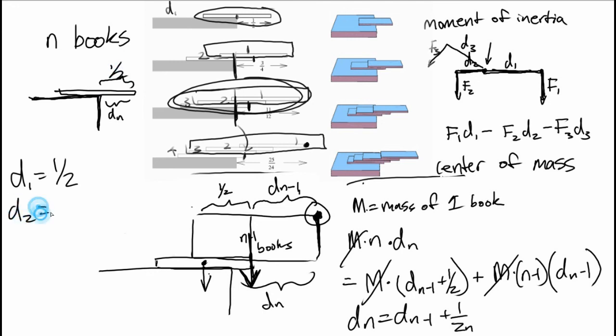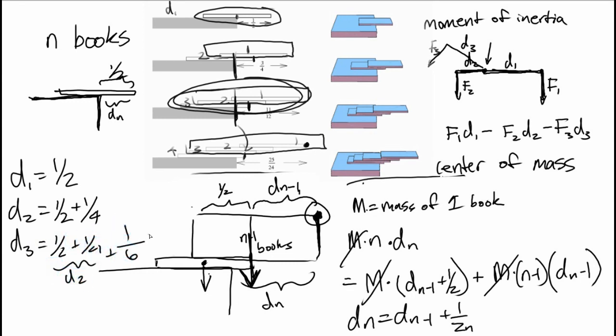So d of 2 is going to be 1/2 plus 1 over 2 times 2, 1/4. d of 3 is going to be 1/2 plus 1/4, because this is d of 2, plus 1 over 6. d of 4 is going to be 1/2 plus 1/4 plus 1/6 plus 1/8.